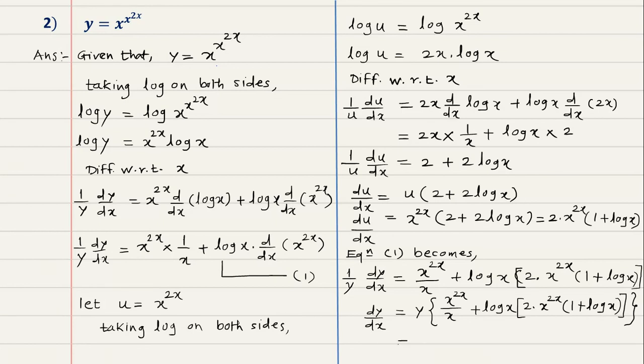So finally, putting the value of y, that is x raised to 2x, we get x raised to 2x into bracket x raised to 2x upon x plus log x into 2 into x raised to 2x and then 1 plus log x. So this is our final answer.